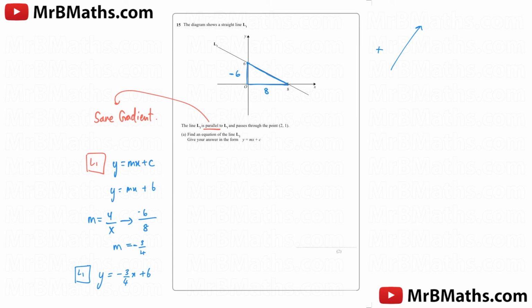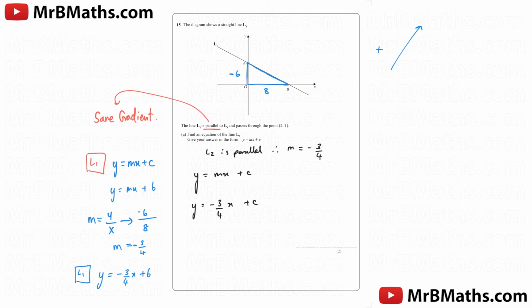So it does say that line L2 is parallel. So L2 is parallel. Therefore the gradient would be exactly the same. So we could write therefore m equals negative 3 over 4. We have y equals mx plus c. So we can fill that in as y equals negative 3 over 4 x plus c.